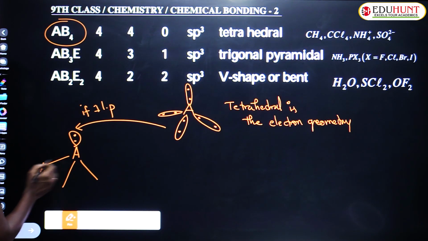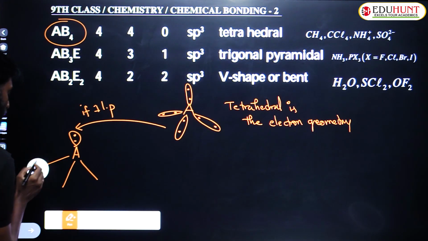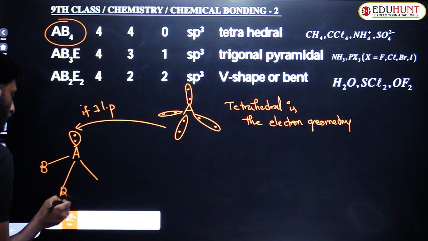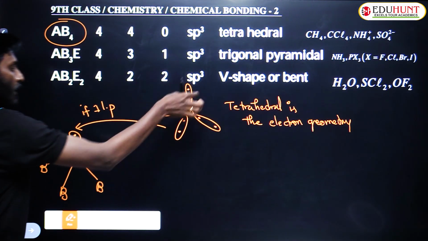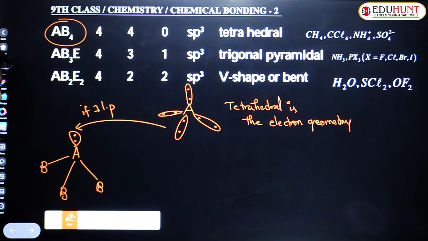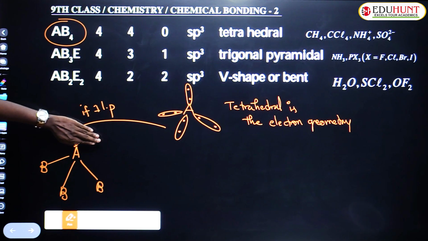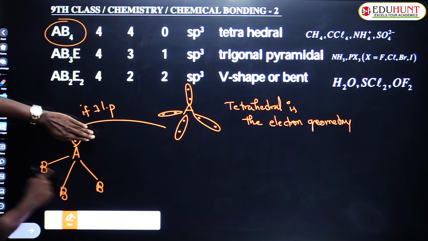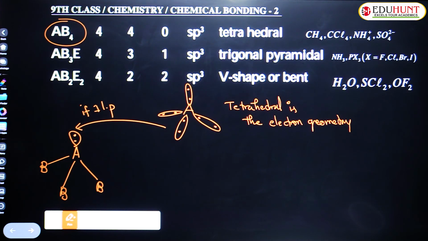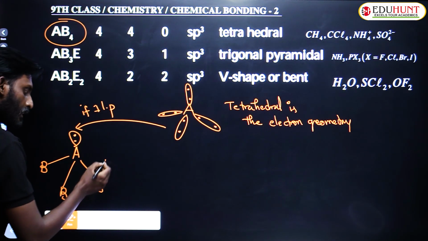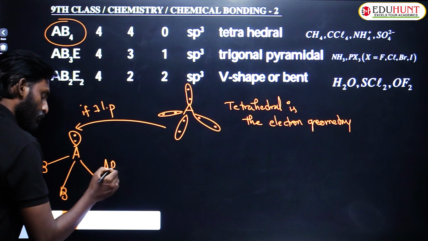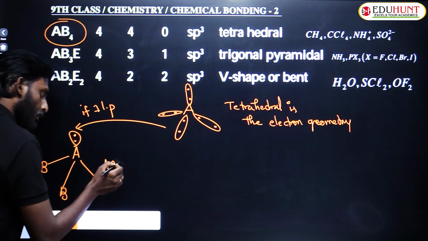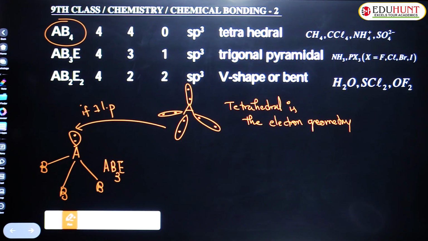This is the central atom A, then B, B, B. Among these 4 pairs, I have taken one lone pair. Now, what is the molecular geometry or shape? Don't consider the lone pair, then the shape is going to be pyramidal with 3 corners. You can say trigonal pyramidal. This is the formula we represent as AB3E, where the lone pair is represented by E.